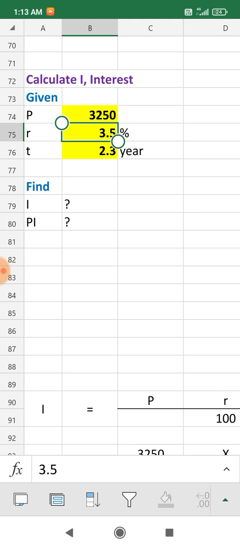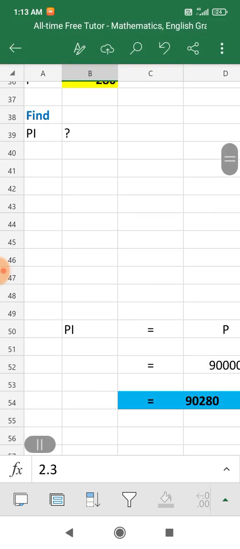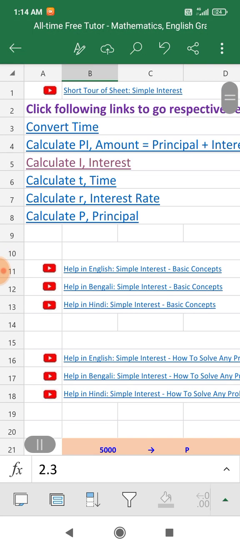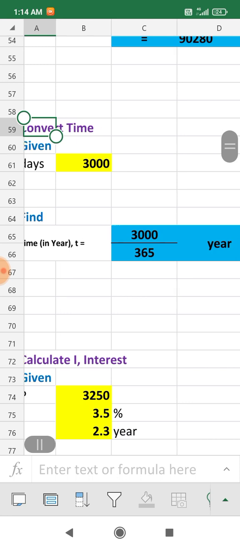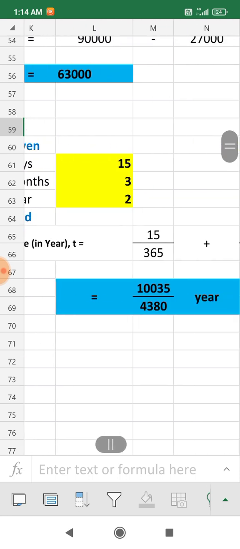What is the interest rate? And for how many years? If it is not given in years, you have to convert it into time. We have seen in an earlier video, or you can click here to learn how to convert into time.